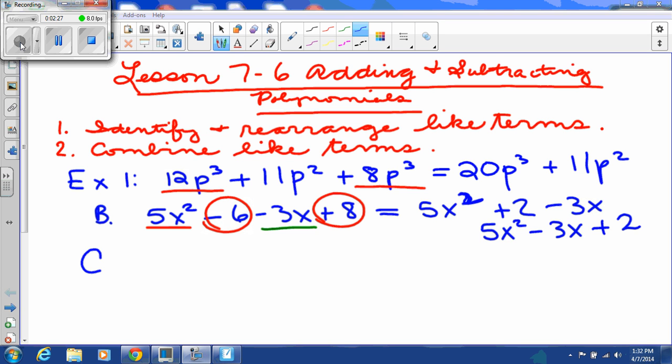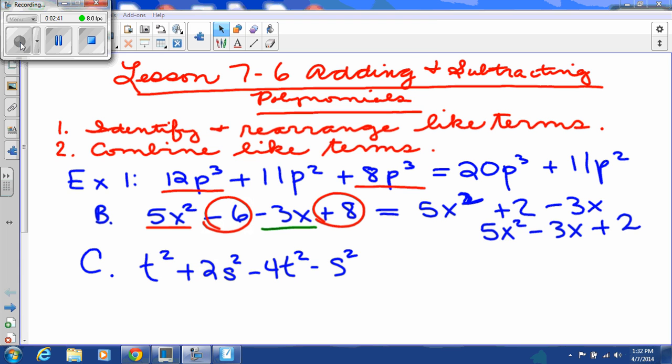One more example of this type, t squared plus 2s squared minus 4t squared minus s squared. Remember, if we do not see a coefficient, it is a 1. Now let's identify the like terms. My first term is t squared.